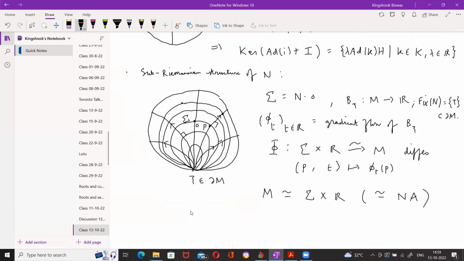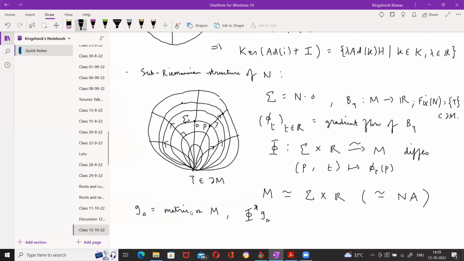Now what you can do is take the metric on M and pull back to sigma cross R. So if G naught is the metric on M, then you look at phi star G naught.